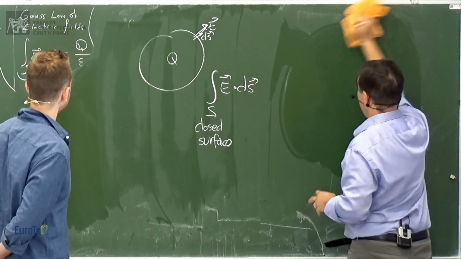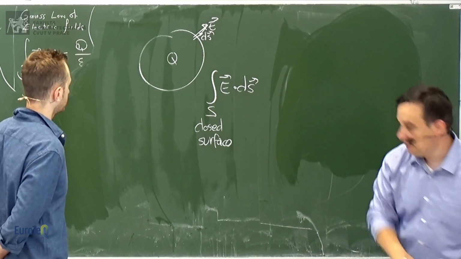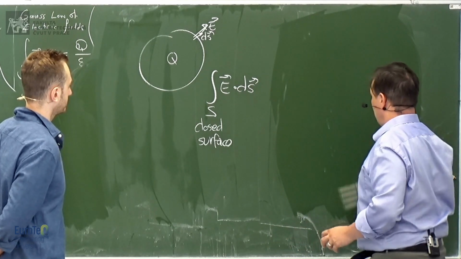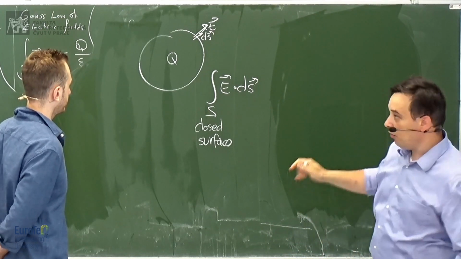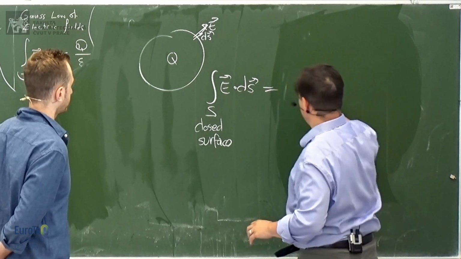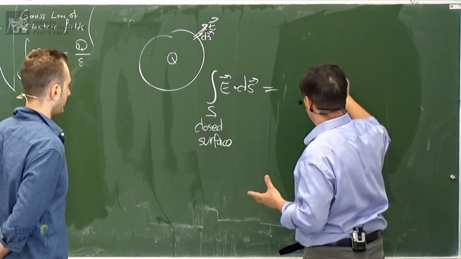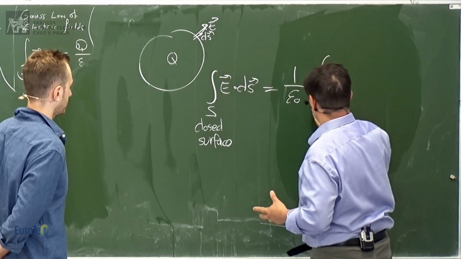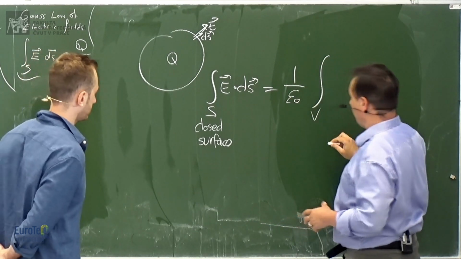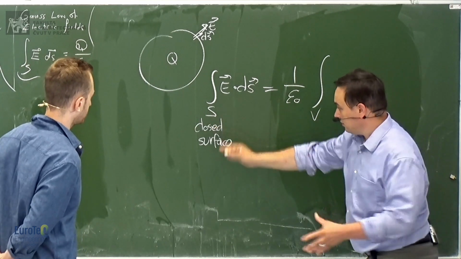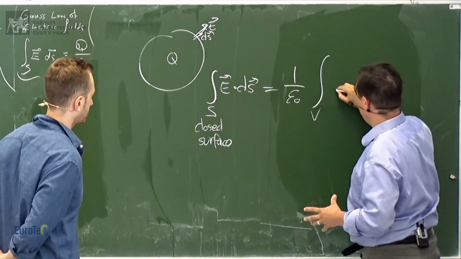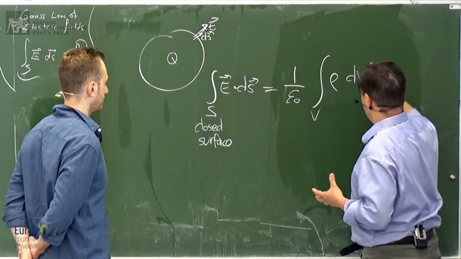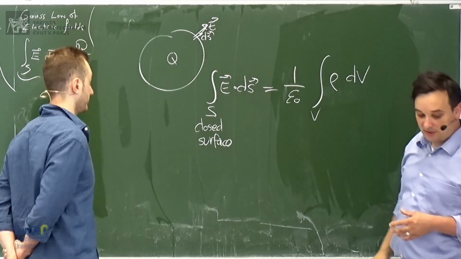And I say that it's the total charge which is inside the ball divided by epsilon 0. So it's 1 over epsilon 0, the integral over the volume enclosed inside the surface of the charge density with respect to the volume.